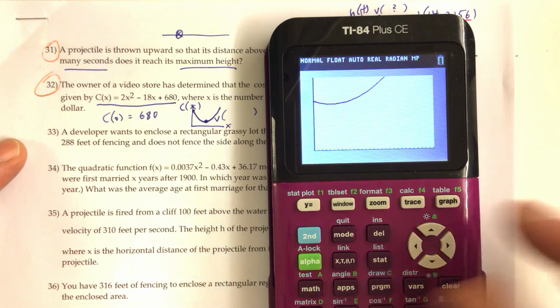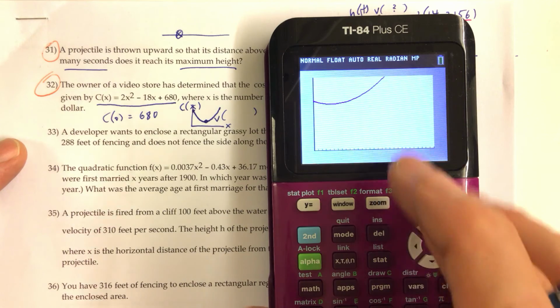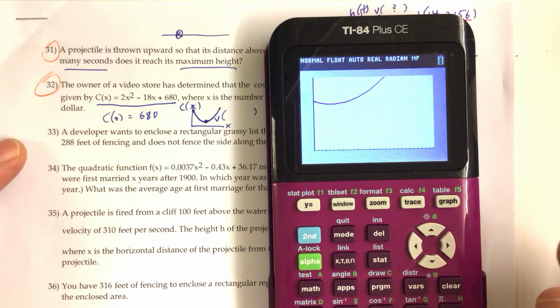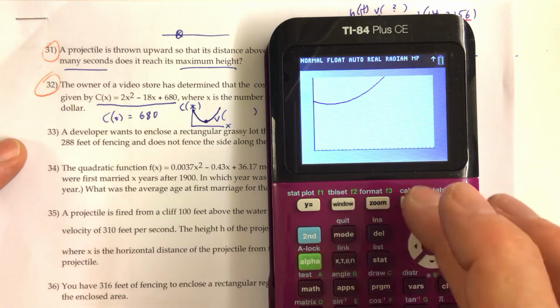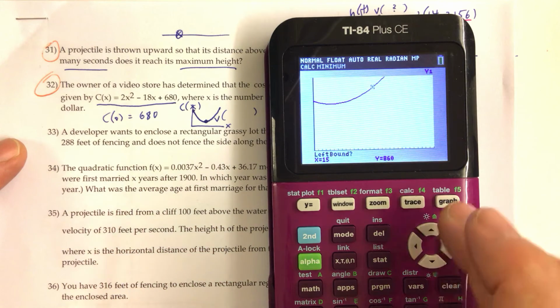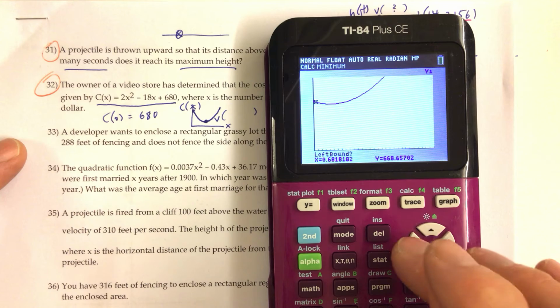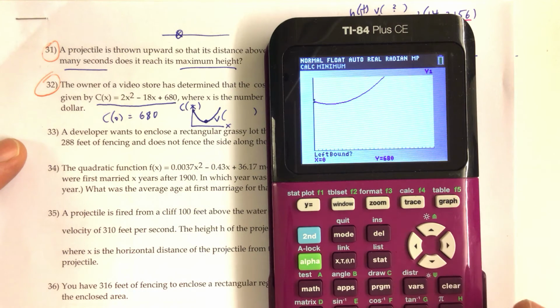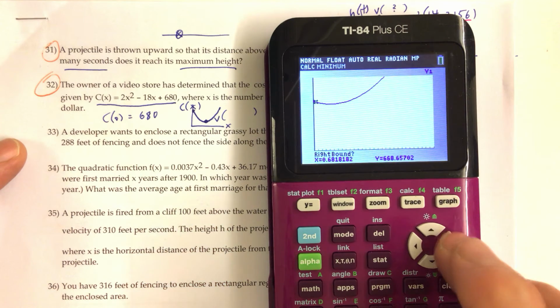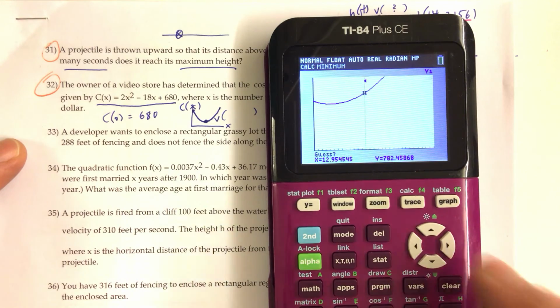And so we can see that this is the part of the parabola that we want. We want to figure out what the minimum value is. Just place your cursor on the vertex, and we'll move it over there, then move it to the right, and then back over here towards the middle, and we get our vertex.